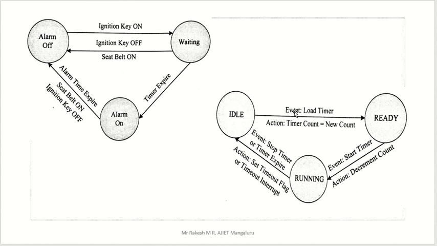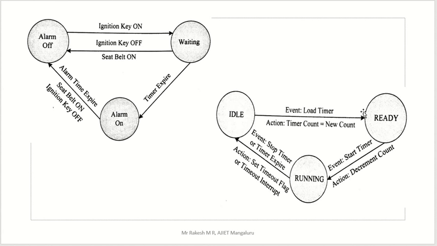Here the event is load timer, the action is new count, and here the waiting state is called the ready state. Now here, if you have still not fastened your seat belt, start timer again. There is a timer, and that timer will start in the ready state.